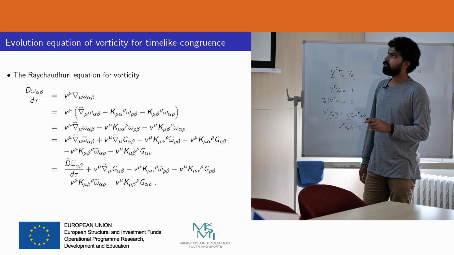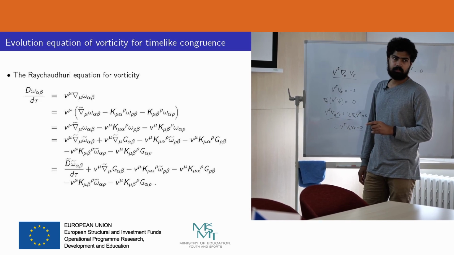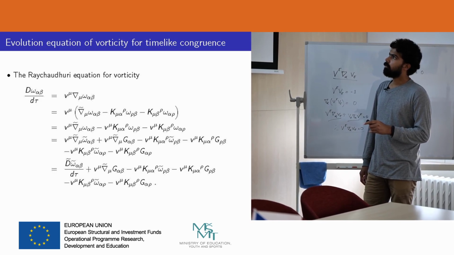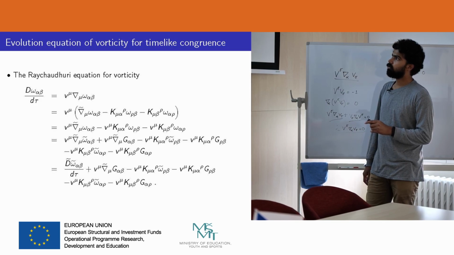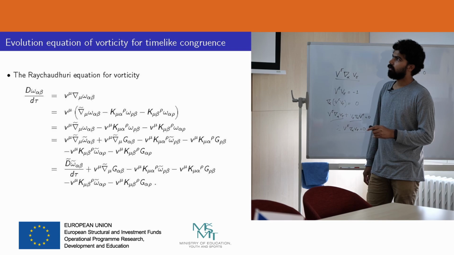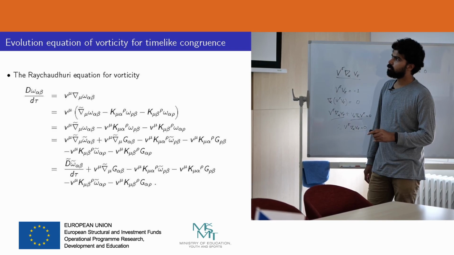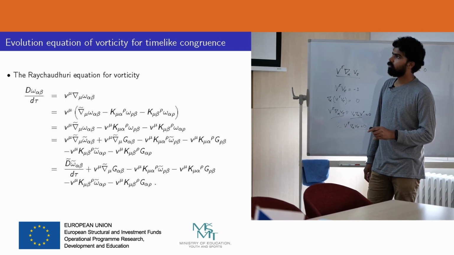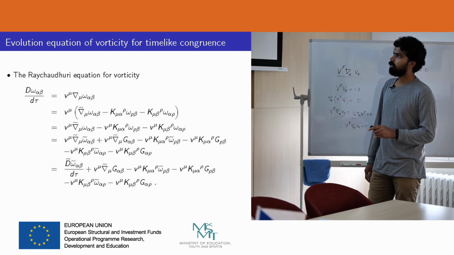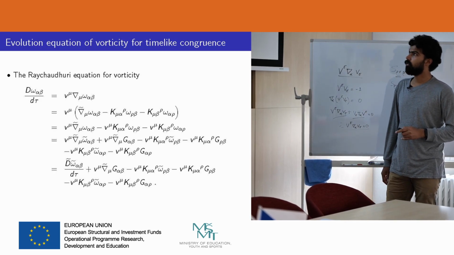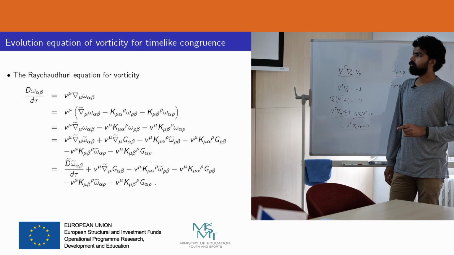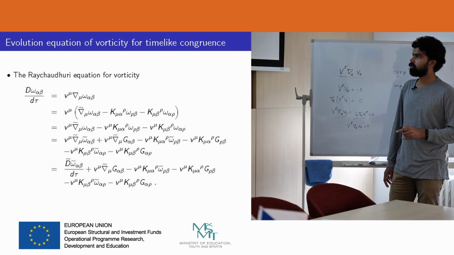So if we follow the same steps as previously, we open up this nabla mu with the Levi-Civita part plus contortion, and here this expression V mu nabla tilde mu omega tilde alpha beta is basically the Raychaudhuri equation for vorticity in the absence of torsion.